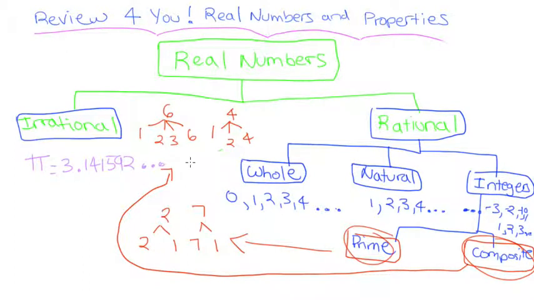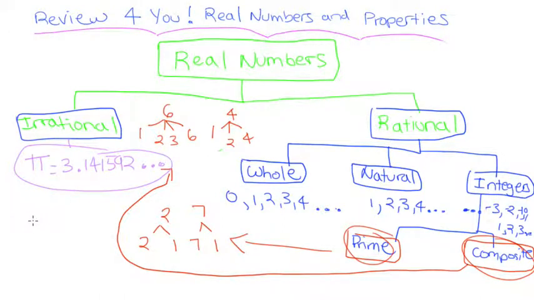It never repeats, it never shows a pattern, it just keeps going on forever and ever. That is an example of an irrational number, because pi cannot be turned into a fraction. There are only approximations like 22/7, but you can never get a fraction that's exactly equal to pi. That's impossible. So this is an irrational number.